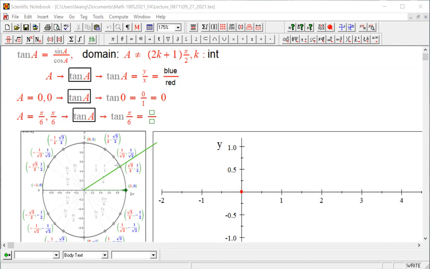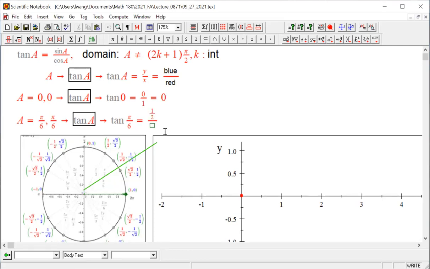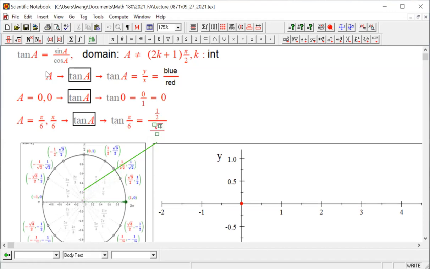Crossing with the unit circle, we have a point (√3/2, 1/2). The blue number is sine, the red number is cosine. So I'm going to take these two numbers and put them in place. Yes? So this is going to be the blue number divided by the red number.